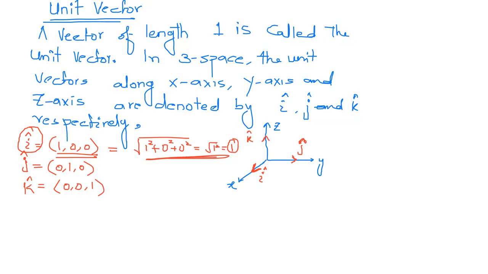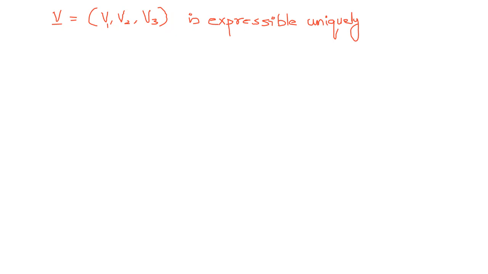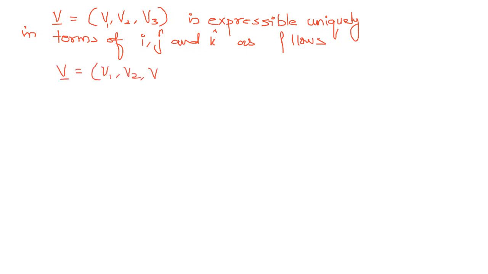For example, if I choose a vector v with the representation v1, v2, and v3, it is expressible uniquely in terms of i, j, and k as follows.